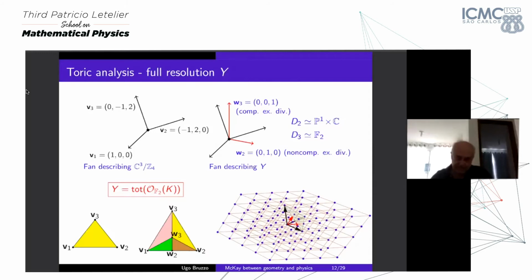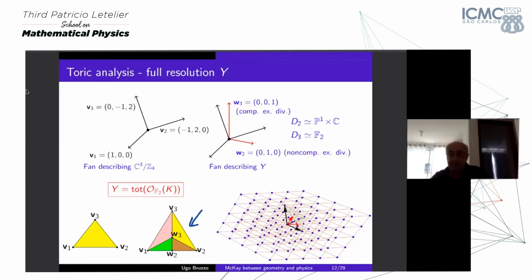Actually, toric geometry is kind of magic because you understand a lot of things simply by doing elementary manipulations. We have split the planar graph we started with just by adding W2 and W3. So the unique cone, which is the yellow triangle on the left, has been split into 4 cones, the cones of 4 different colors in this graph.